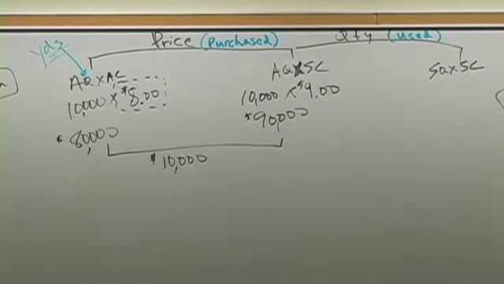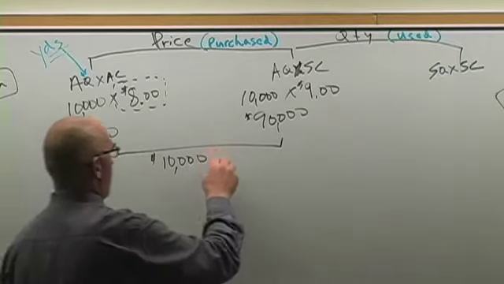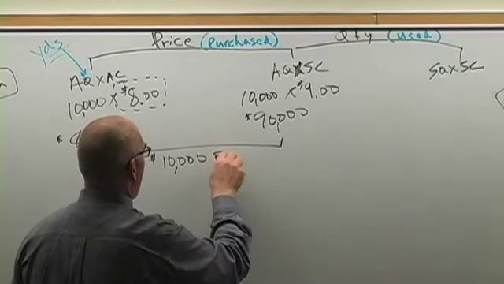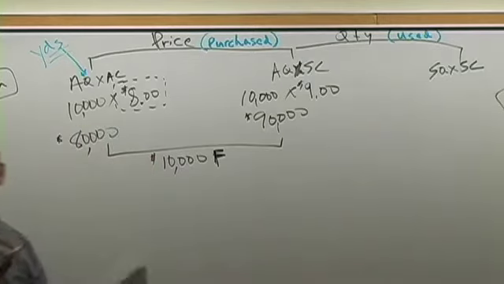Is it favorable or unfavorable, Matt? Why? It would be favorable, yes, it would. Okay, so far so good. This is easy. This is exactly what you expected to do.